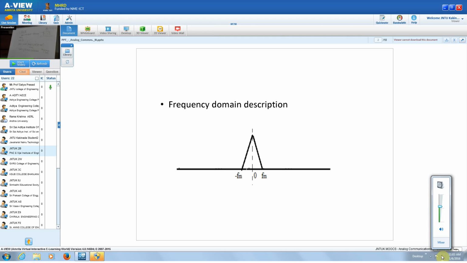So this we are multiplying with the signal ct. What is the output you are going to get after the low pass filter?